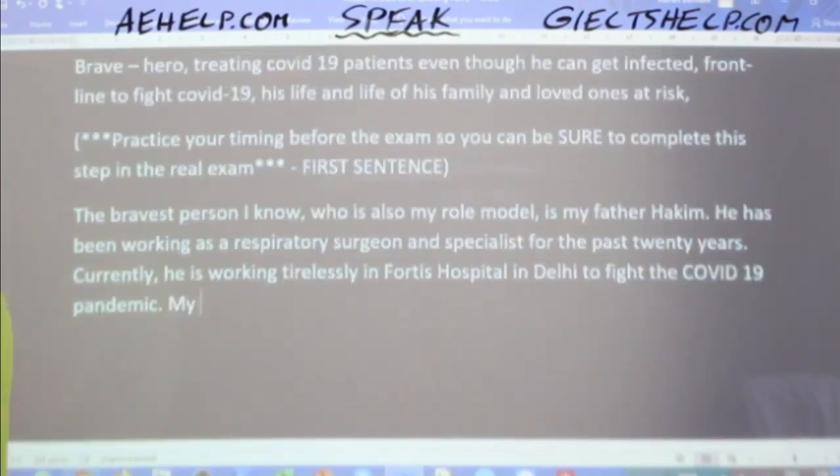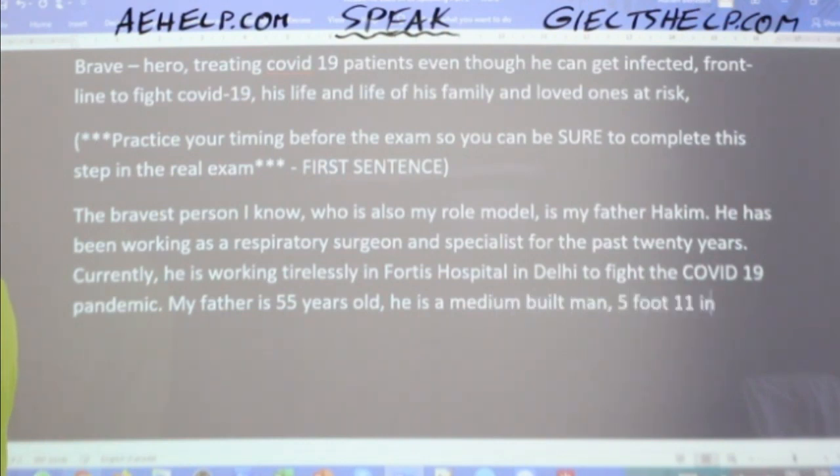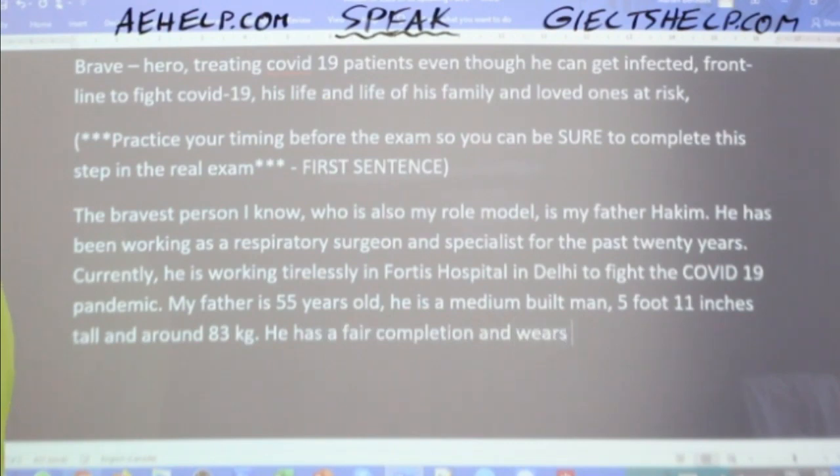So, sure, my father is 55 years old. He is a medium-built man, 5'11" tall, and around 82 kilograms. He has a fair complexion and wears a smile on his face most of the time.